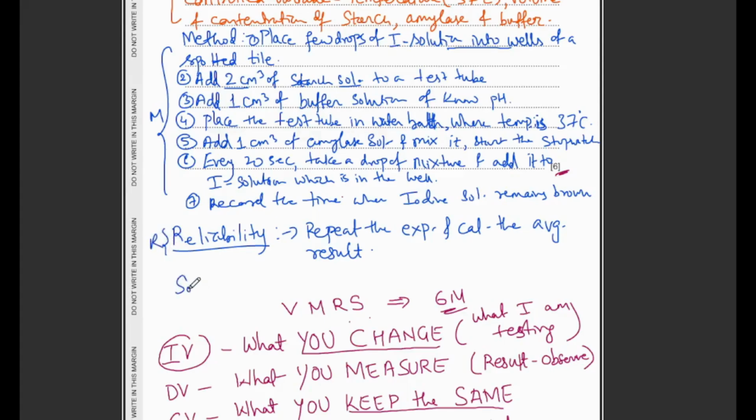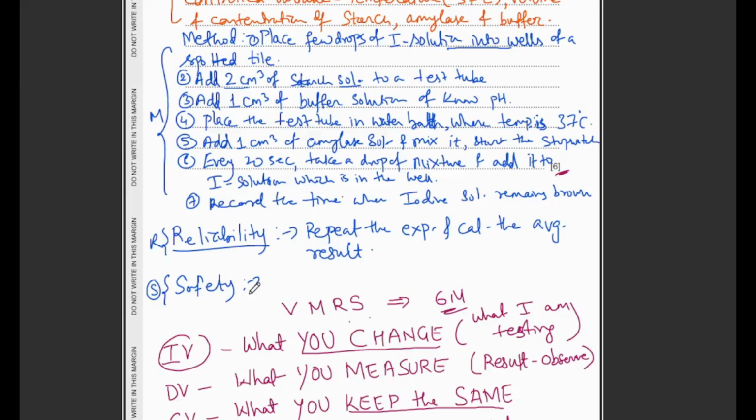So what is the safety of this experiment? How safely can we do it, or what safety precaution during this experiment? And the safety is, let's see, orally, if I can say, don't mix the dropper with the iodine solution or with the starch or enzyme. Clean the dropper during every step.